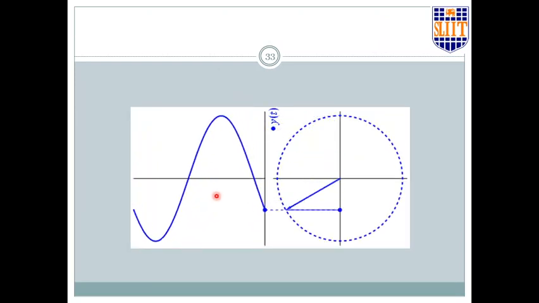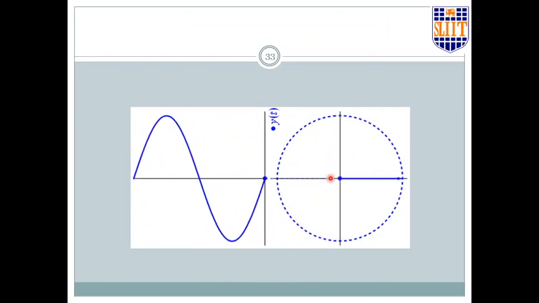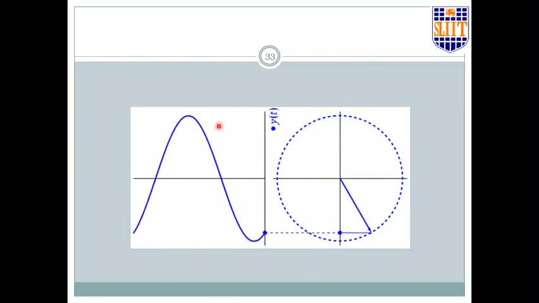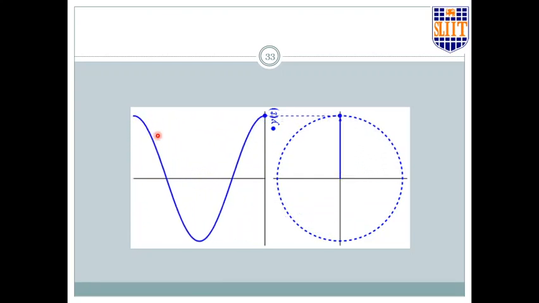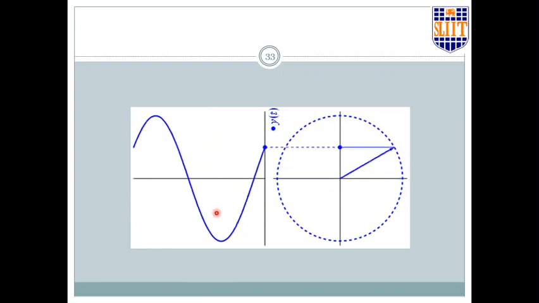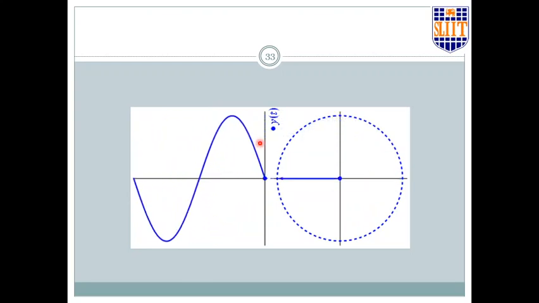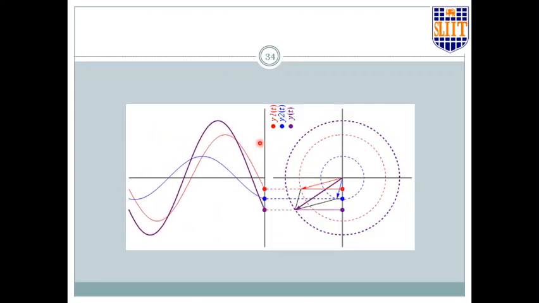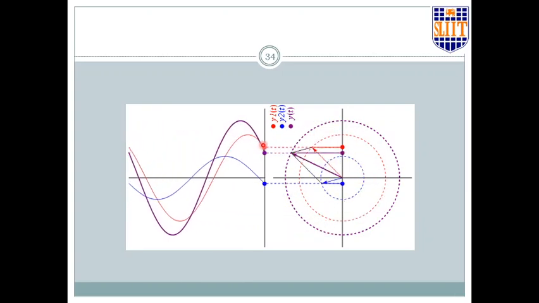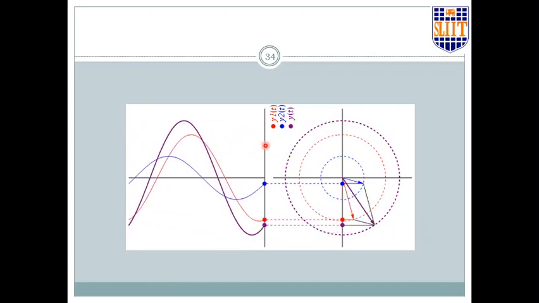Now let's take this as an example. So this is a rotating phasor, and you can see that this waveform varies in a sinusoidal manner. If we have multiple sources, you can still represent that.